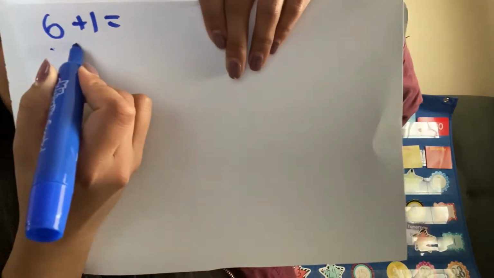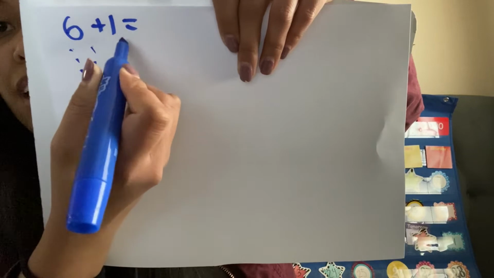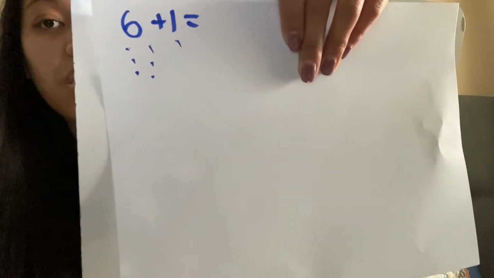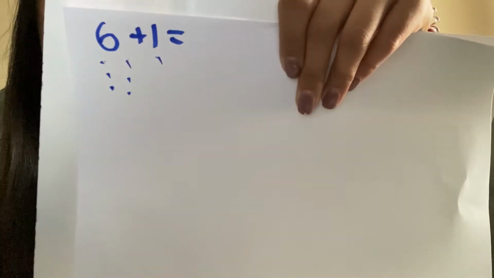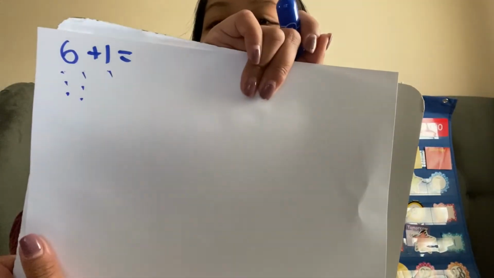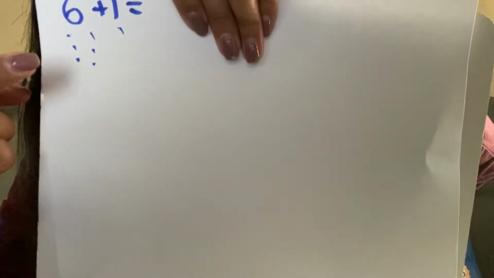So I have 1, 2, 3, 4, 5, 6. And then I have 1 dot right here. So I'm going to count all of those up. For this counting strategy, I'm just going to use touch and count. You guys can do count and cross. Just because I made my dots a little small, I'm going to do count and touch. So go ahead and count with me, Rocketeers.